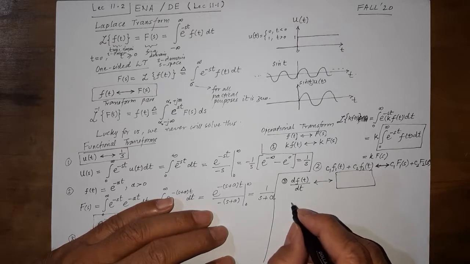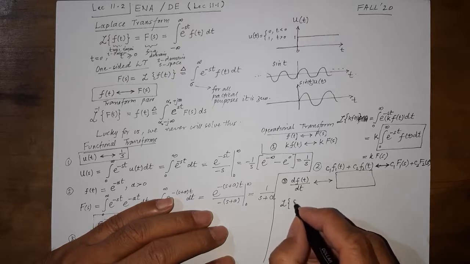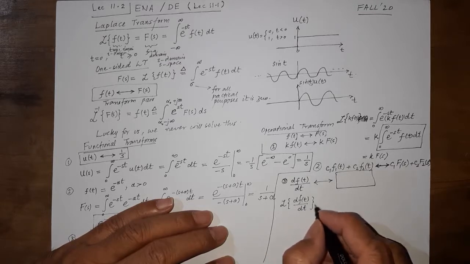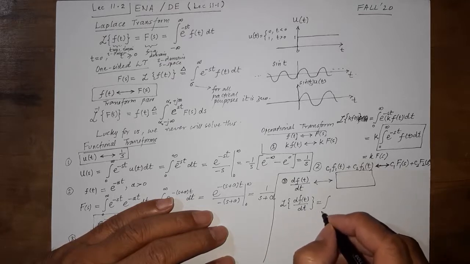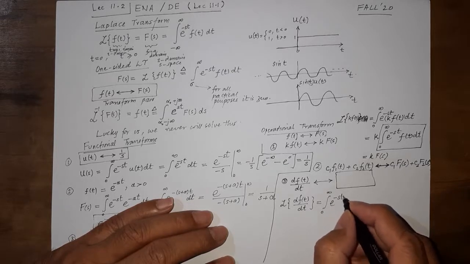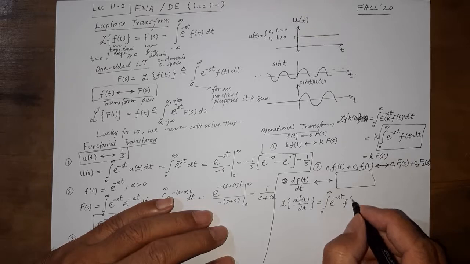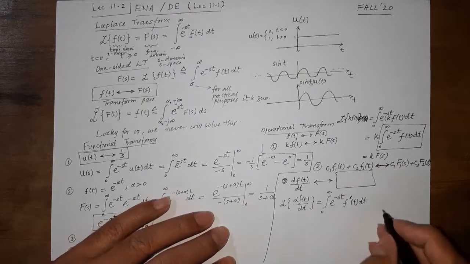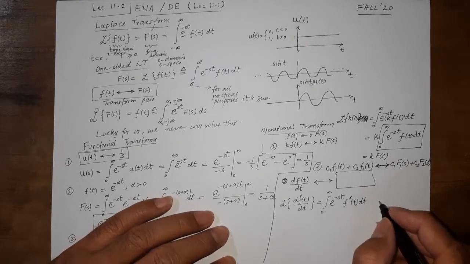By definition, the Laplace transform of the derivative of a function would be solving this integral from 0 to infinity of e^(-st) f'(t) dt. I'm changing the notation for the derivative for ease's sake.